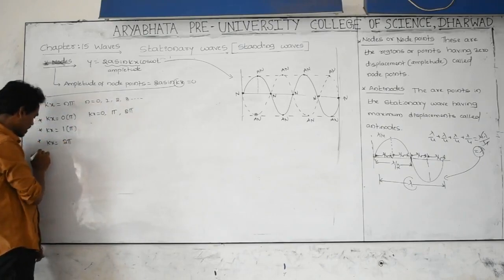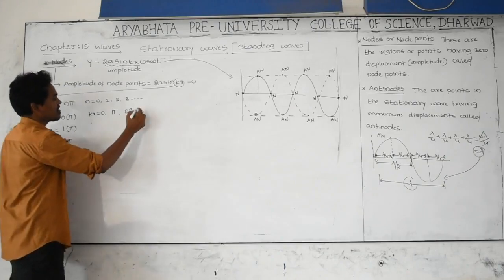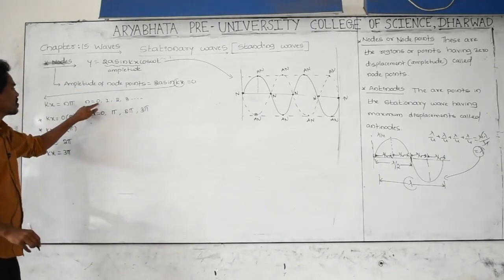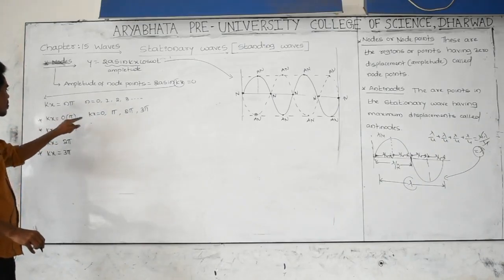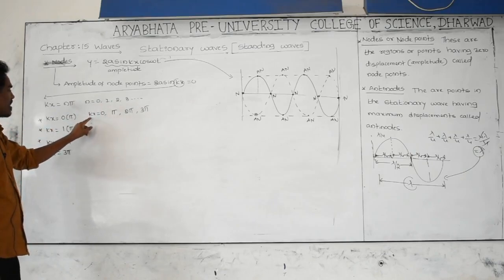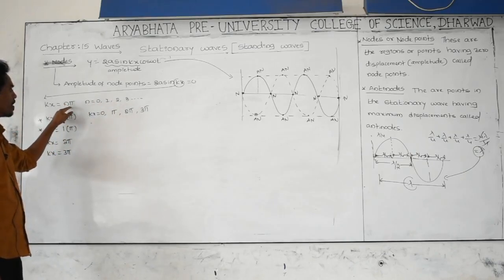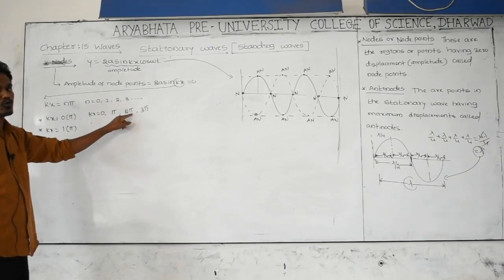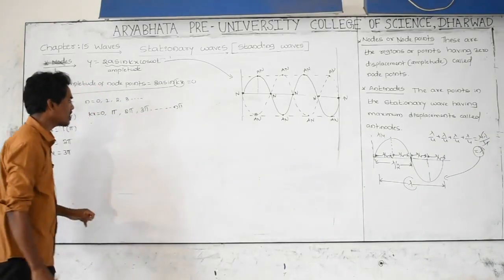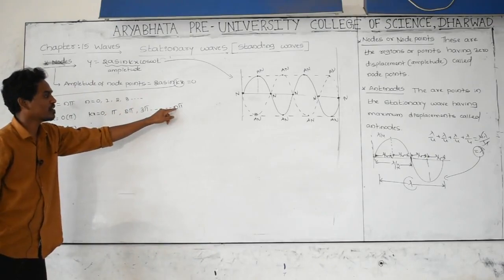Substitute n is equal to 3, then you get 3 pi, which means kx is equal to 3 pi. If n is 0, then kx is 0. If n is 1, then kx becomes pi. If n is 2, then kx is 2 pi, and so on, it is n pi.